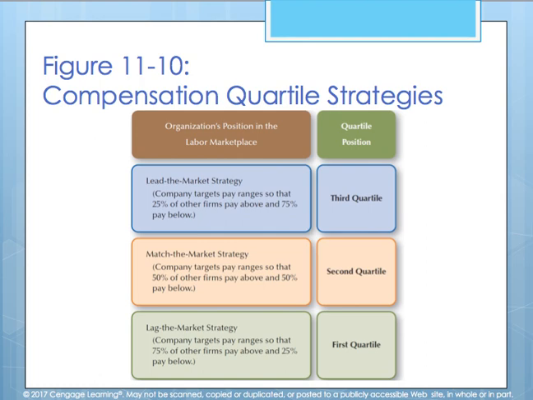You're not that far up where you pay more than everybody else, but you're positioning yourself in the labor marketplace in a way that keeps you in a comfortable setting within a range that allows you to be more strategic in how you roll out your pay.